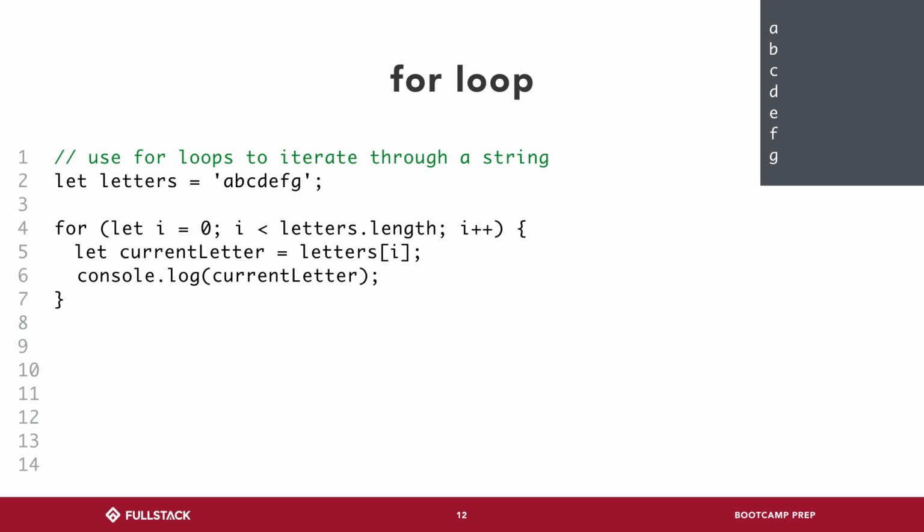Now when we come down to 6 and we want to log out what current letter is, its current value is going to be A. So I call this kind of actively debugging or preventing errors.